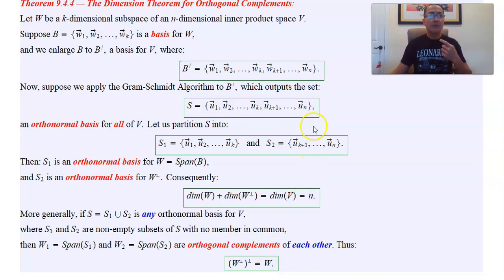So most of what's being said in this theorem we already know to be true. The first set is definitely a basis for W because of the preservation of spans property that we mentioned. So it's really S2 that is a mystery.